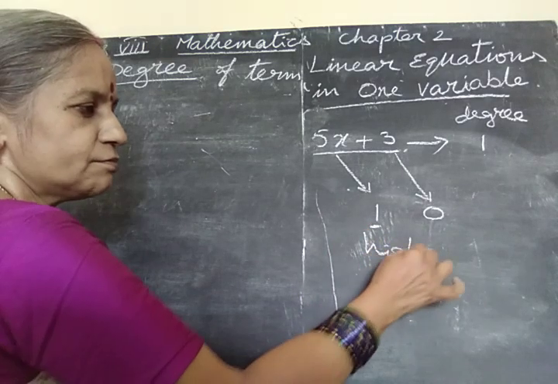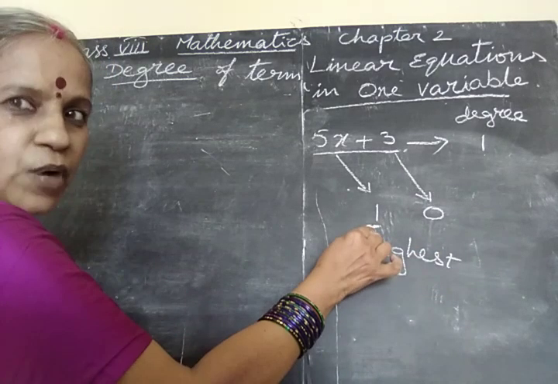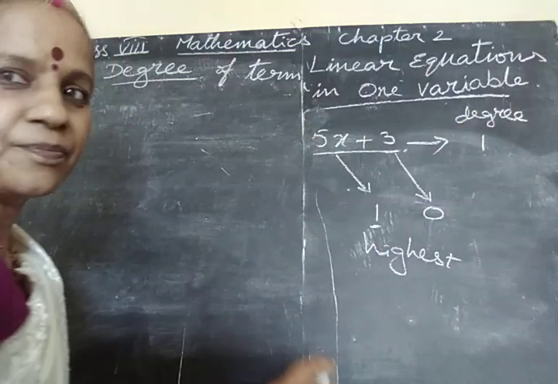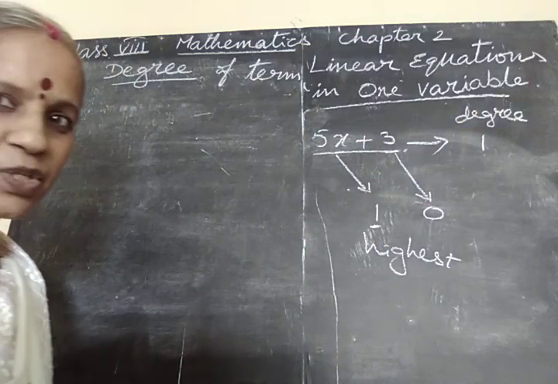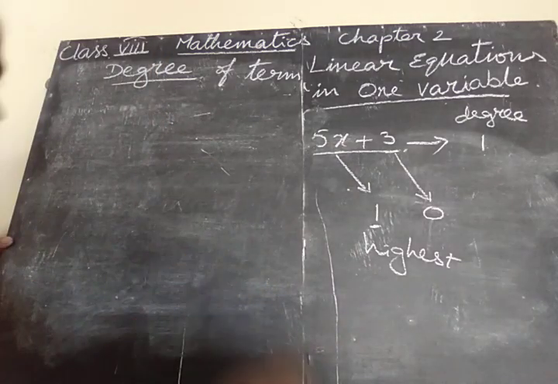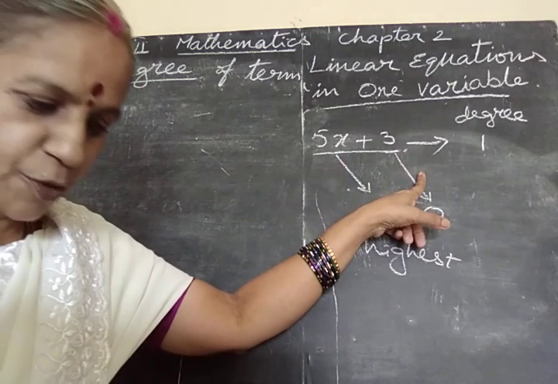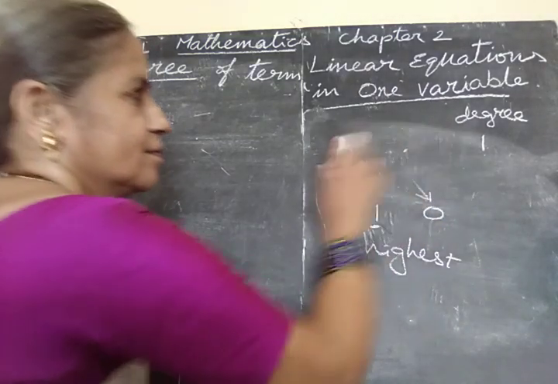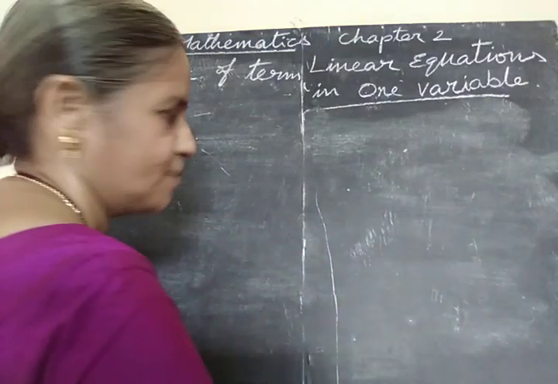Highest degree is 1 only, so the total expression has degree 1. Understood? Like that, you can find the degree. Understood, children, about degree? Now, linear equation. What is a linear equation?